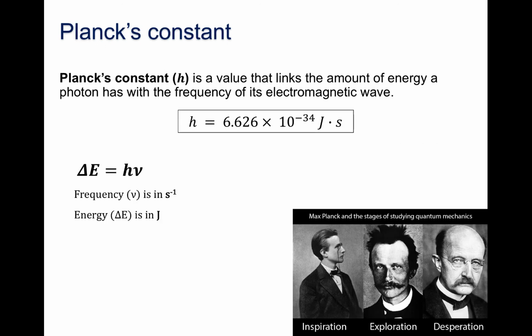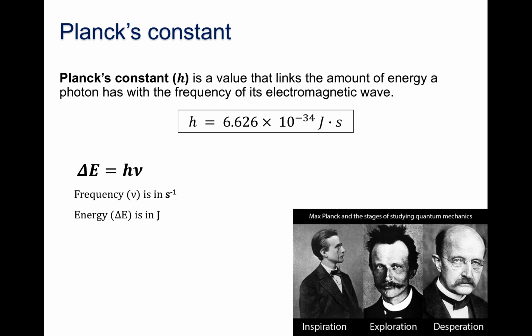So now we have a way of relating the frequency and wavelength of a wave. And next we're going to look at how to relate the energy and frequency of a wave. Those two properties are related by what's called Planck's constant, which is represented by a lowercase h. It's the value that links the amount of energy a photon has with the frequency of the electromagnetic wave. h is equal to 6.626 times 10 to the negative 34 joules times seconds.